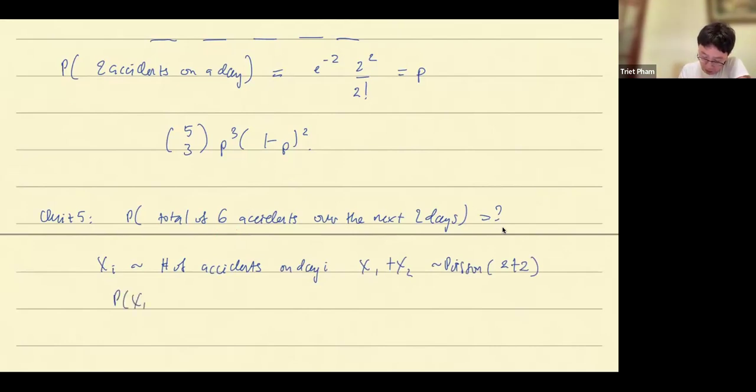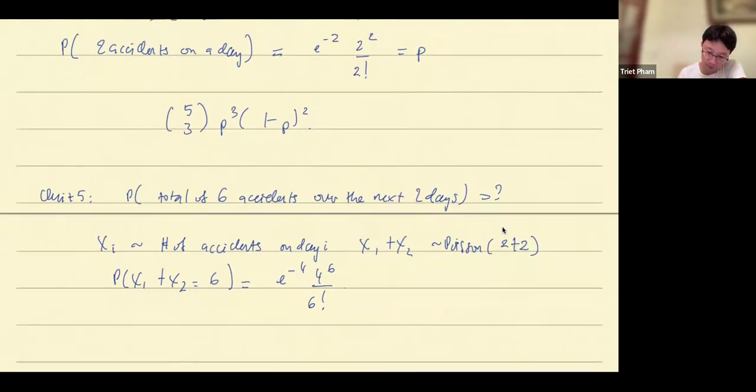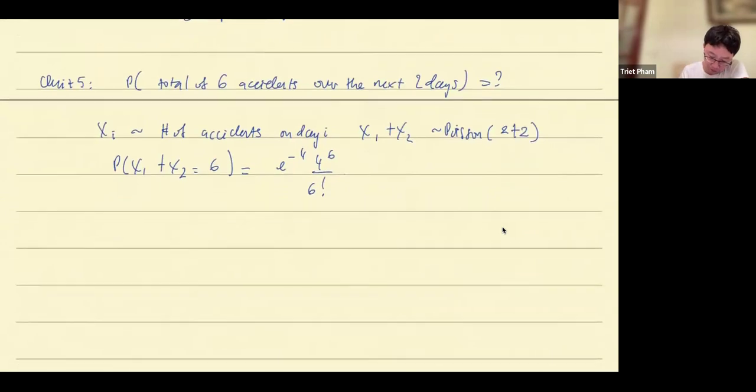The probability that X1 plus X2 equals 6 is e to the minus 4, 4 to the 6, over 6 factorial. Any question? All right. Next one.